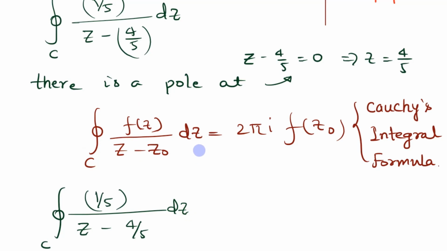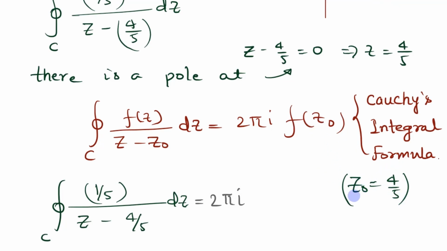Now if we compare this equation and this equation, we can see that z naught is equal to 4 by 5 here, right? So this integral we can write as 2 pi i, and z naught we have 4 by 5, and we need f of z naught. If we compare these two equations, we find that f of z comes out to be 1 by 5.